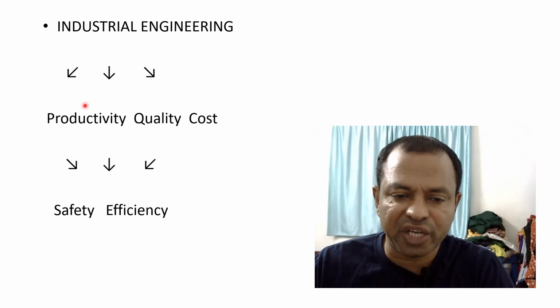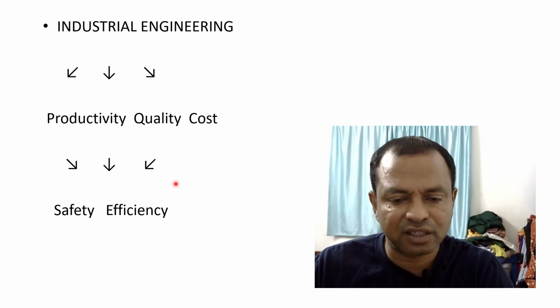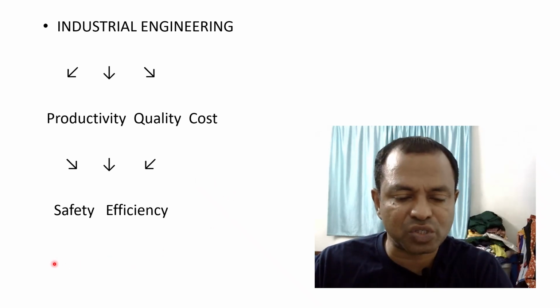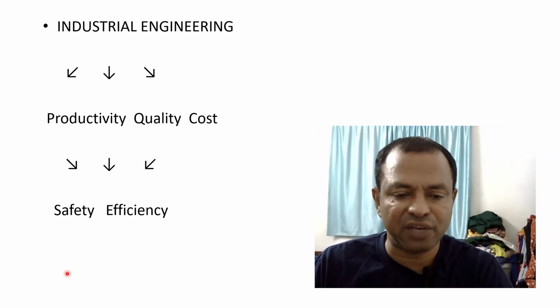So industrial engineering is about increasing productivity and quality but with a lesser cost, and that will also give importance to the safety of the workers as well as the products.